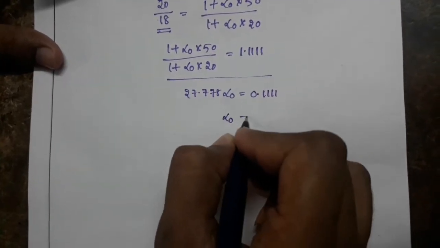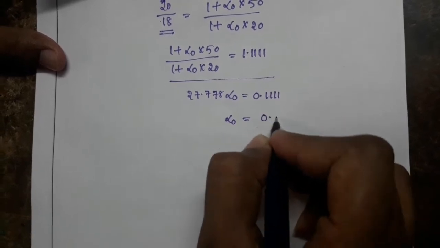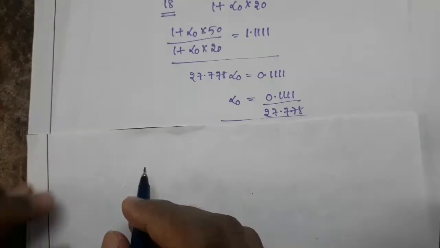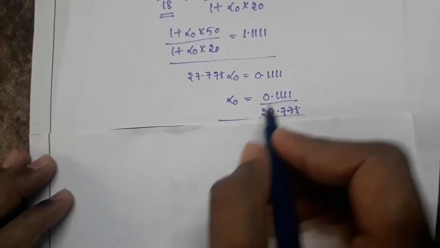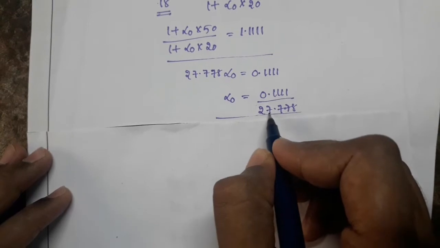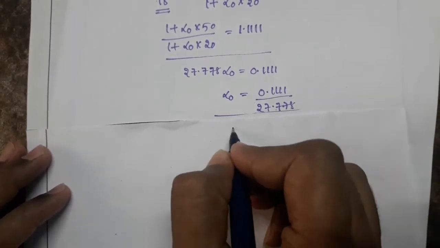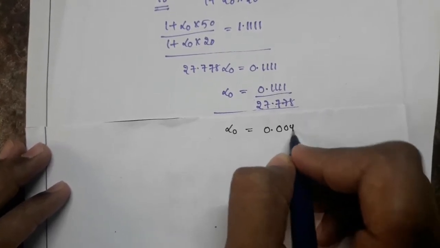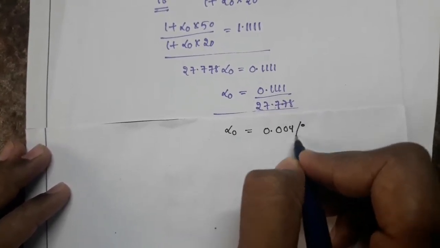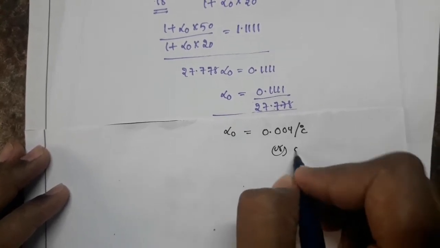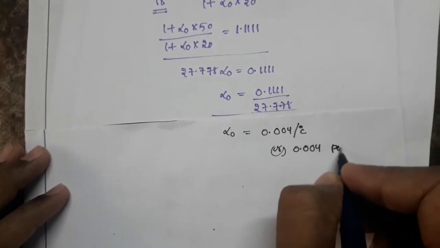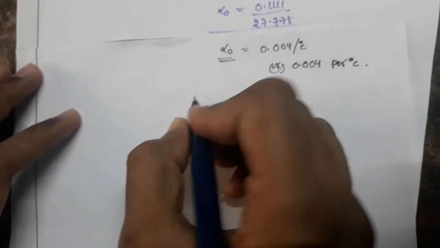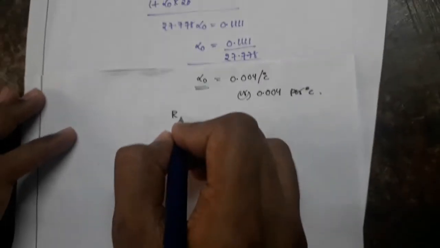So alpha naught equal to 0.1111 divided by 27.778, and we will get alpha naught equal to 0.004 per degree centigrade. We have got the alpha naught value, but we have to find T3.